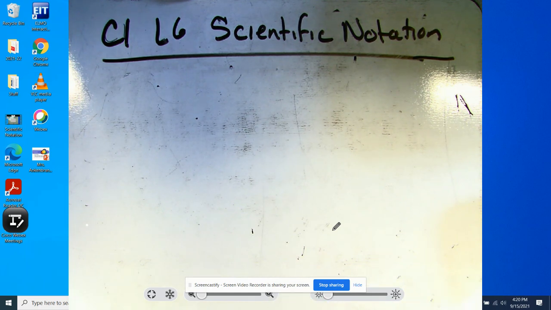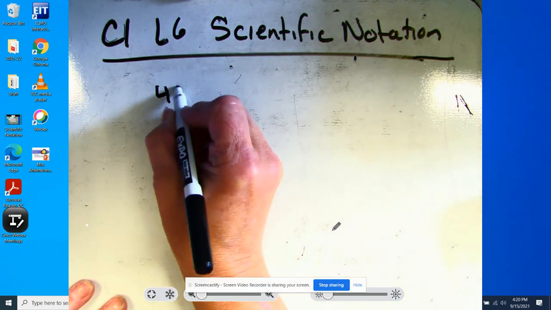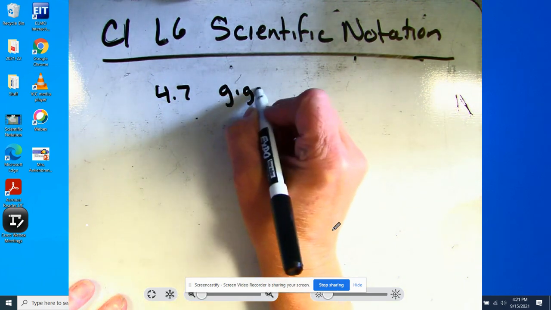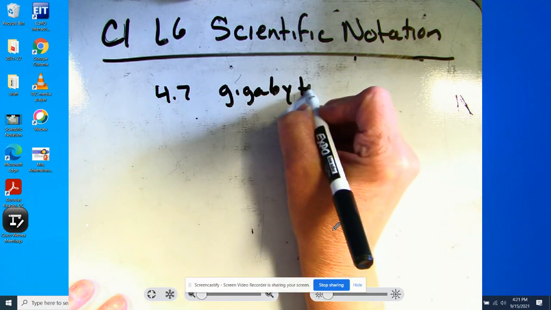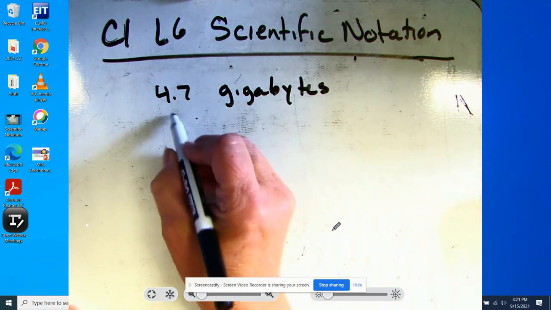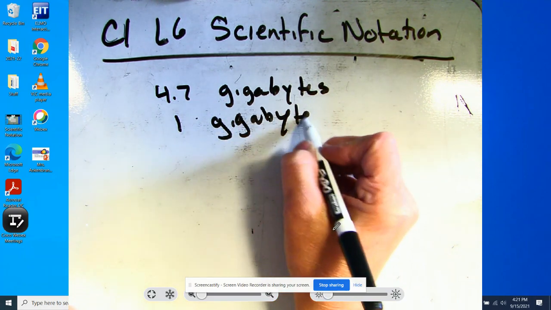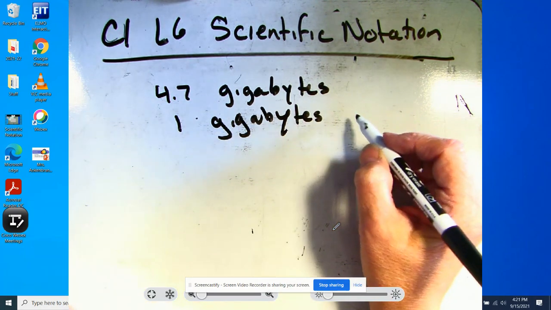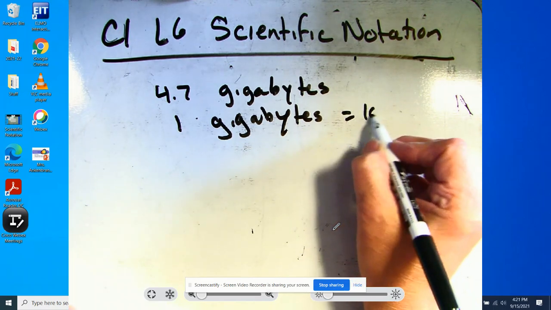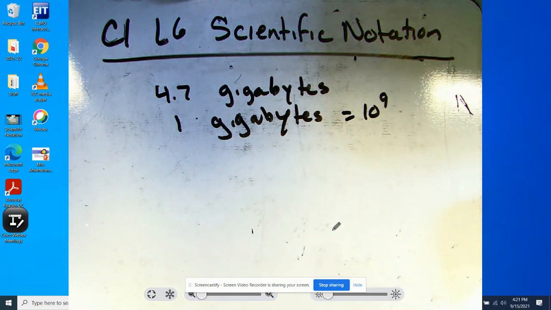If we had, say, a single-sided storage disk, a DVD disk, that had a capacity of 4.7 gigabytes, and I told you that 1 gigabyte was equal to 10 to the ninth power of storage, or 10 to the ninth power of bytes.